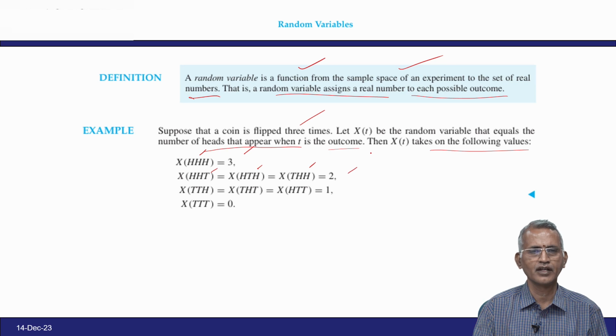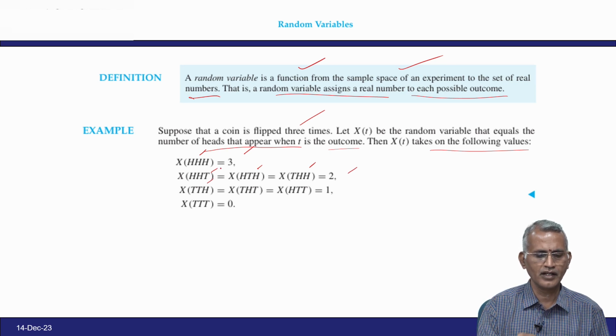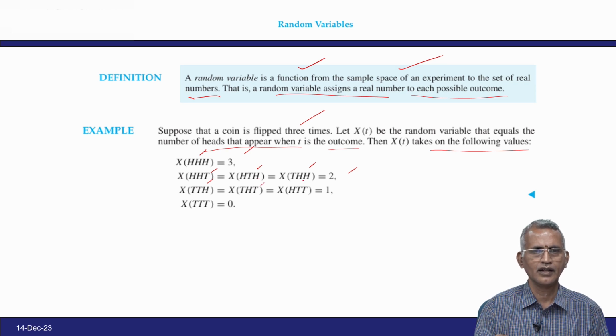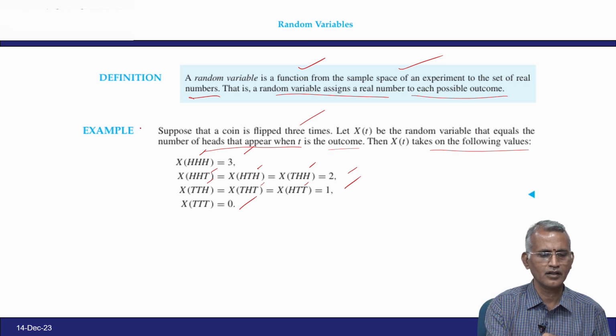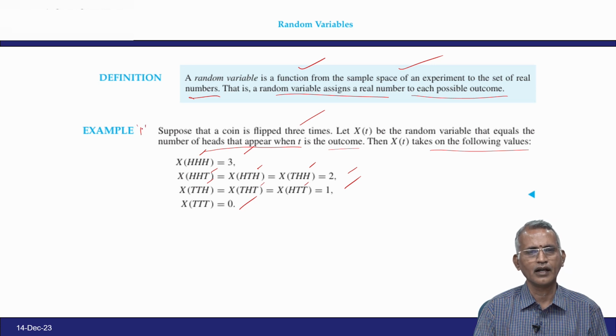Then X(TTH), X(THT) and X(HTT) are 1, and X(TTT) is 0. This is example 1 of a random variable.